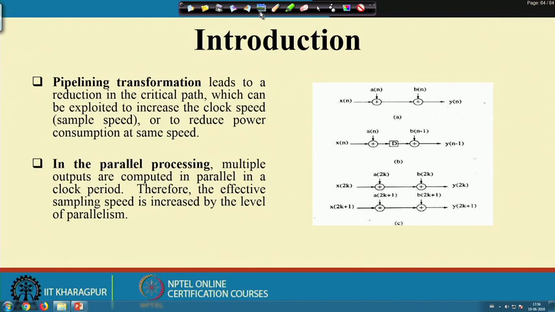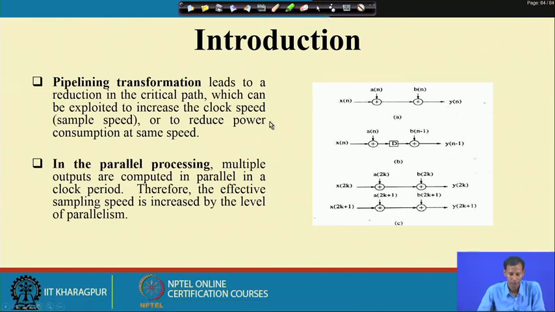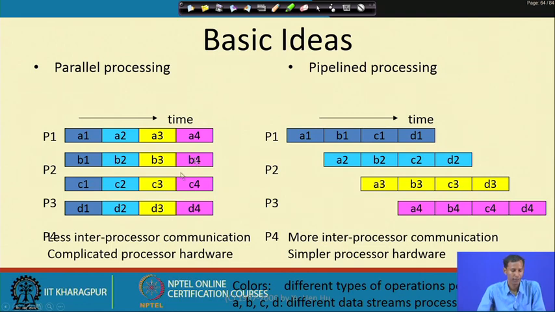This is the fundamentals of pipelining and parallel processing. Here this is a basic idea. In pipelining, suppose P1 is A1, B1, C1, and it passes through the corresponding register.